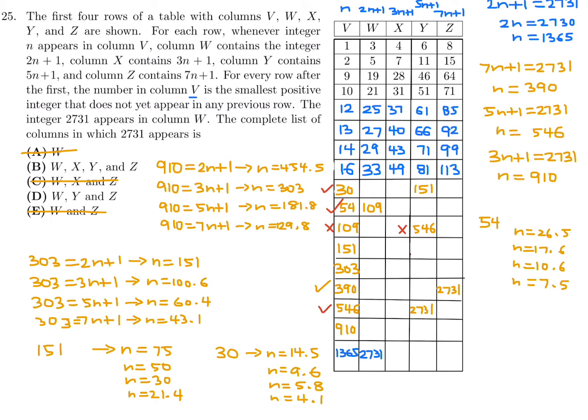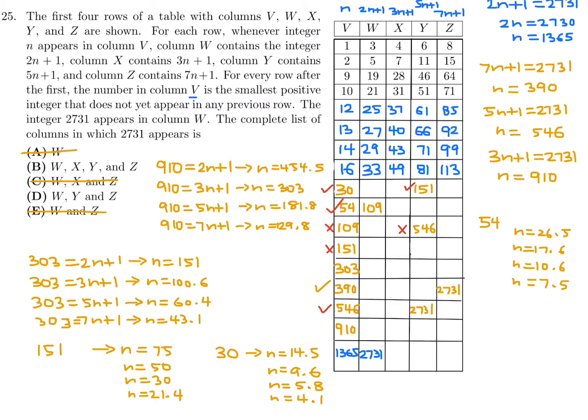If 30 can appear there, the 151 can appear there in the Y column. If 151 appears there, it cannot therefore appear there, right? Because it's already appeared before, therefore that number cannot go in V later on.